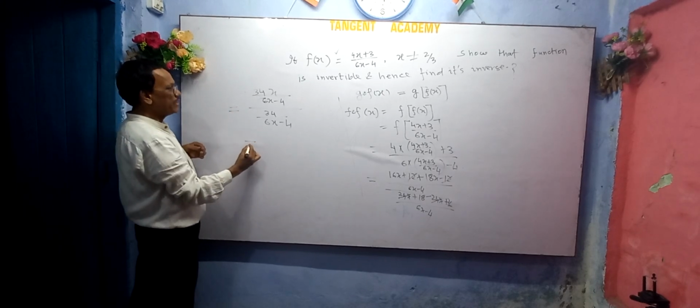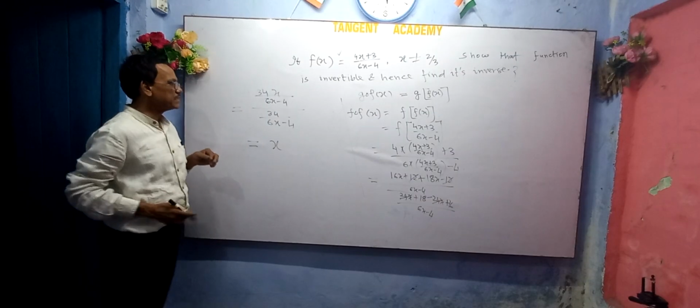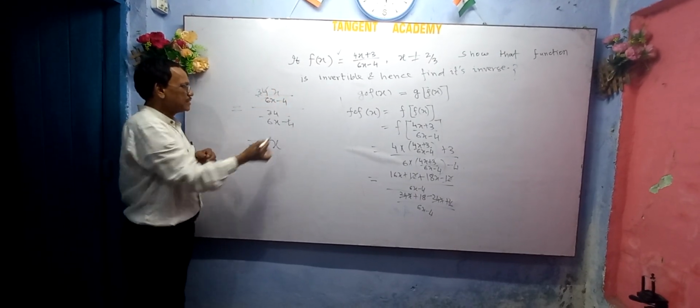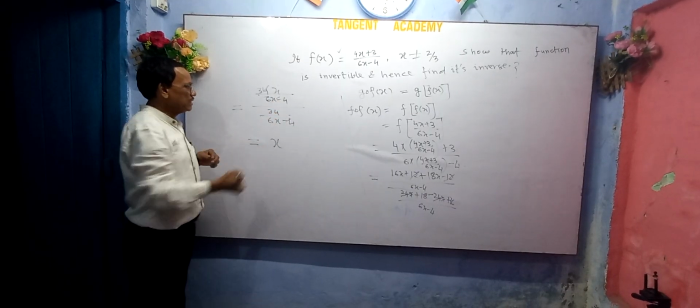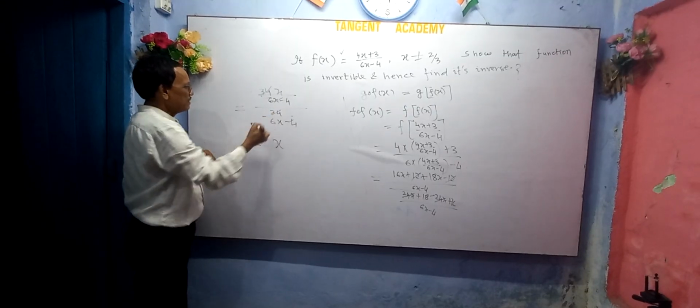After simplification we get its value is x, because these are the common terms. These are the same terms that will be cancelled.